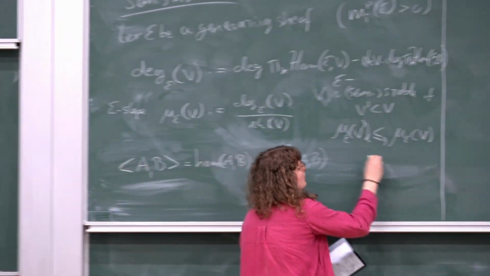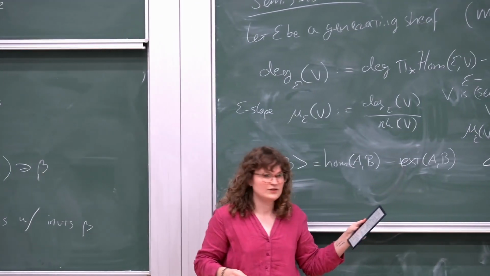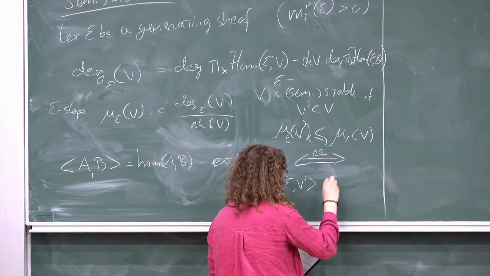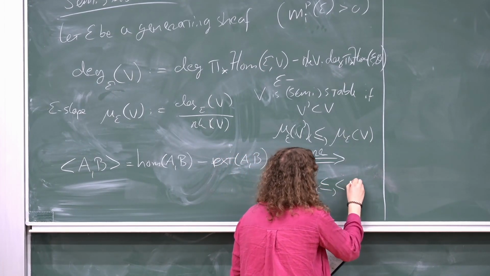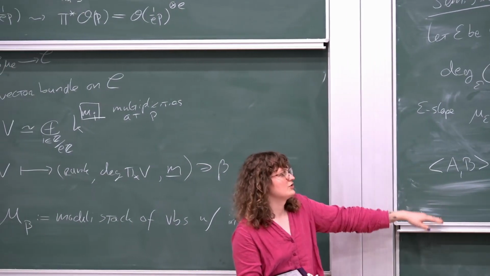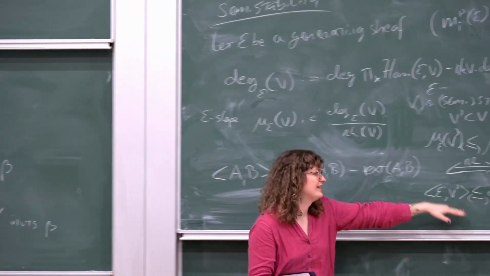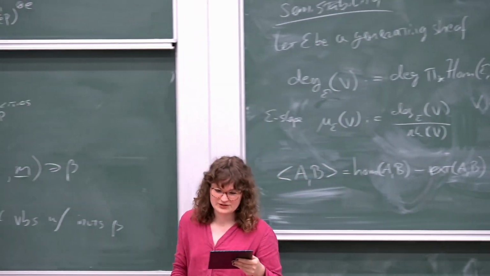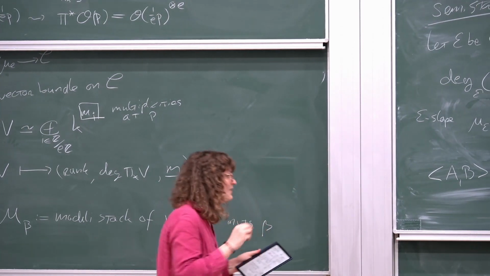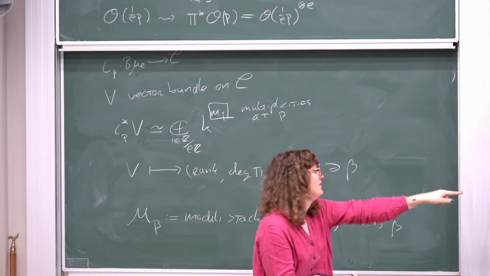And then I claim that by Riemann-Roch, this inequality holds if and only if this inequality holds. So this is a way to not work with this formula and just use these expressions to do all of our computations. Okay, so these are the stacky curves, their vector bundles, and semi-stability condition.